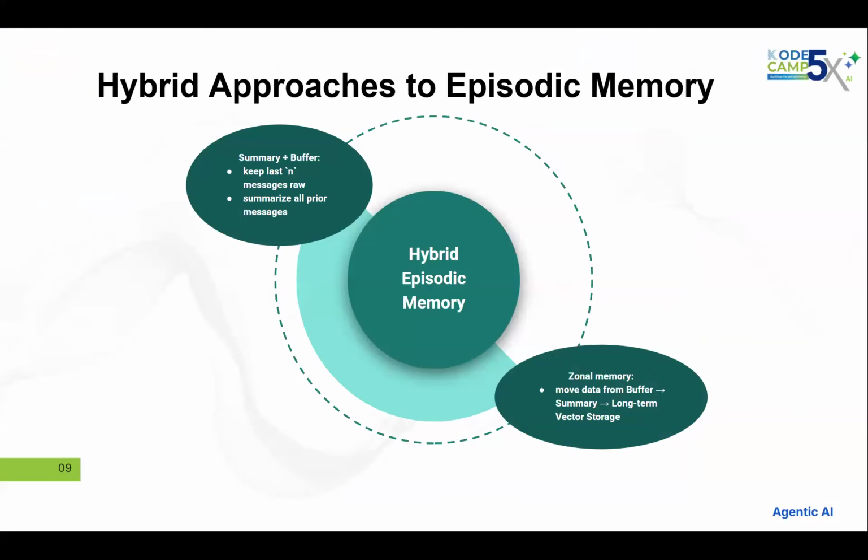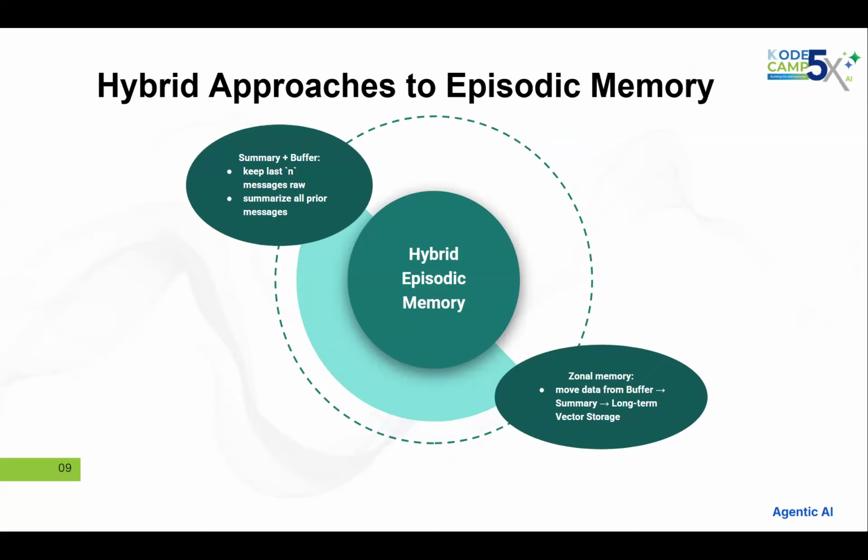So let's now talk about hybrid approaches to episodic memory. I mentioned that there's a trade-off between summary and buffer memories. While the buffer memory is detailed, because of its inefficient use of tokens, it has a limit to how much of the history it can store.